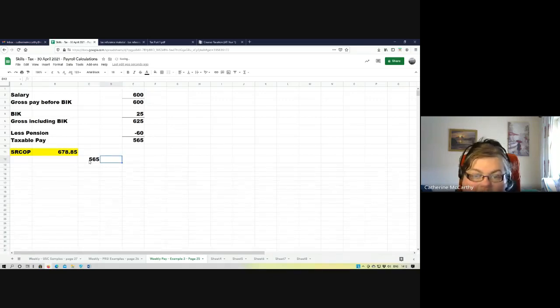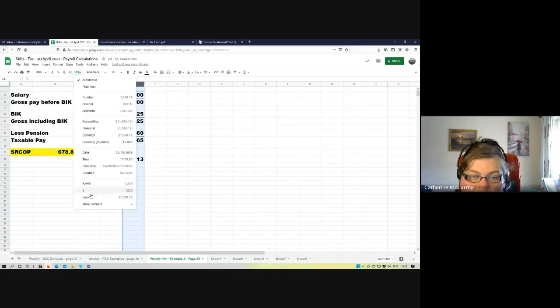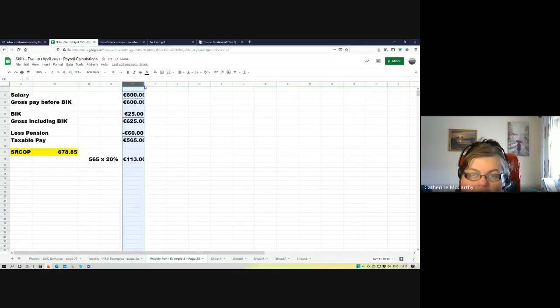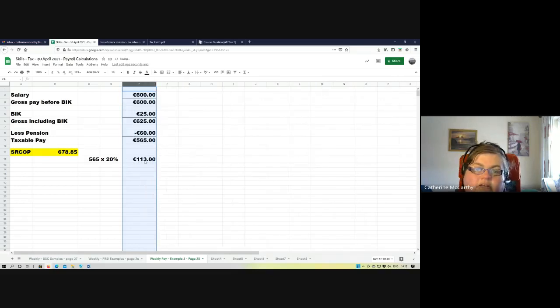So the 565 at 20%, and that is 113 euro. In the payroll question, just remember to leave in your decimal points there. So it's 113 euro.